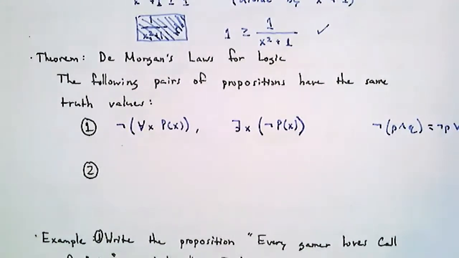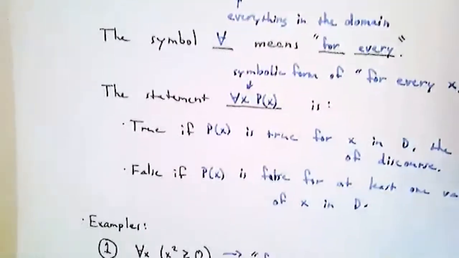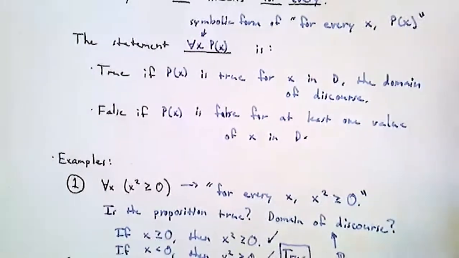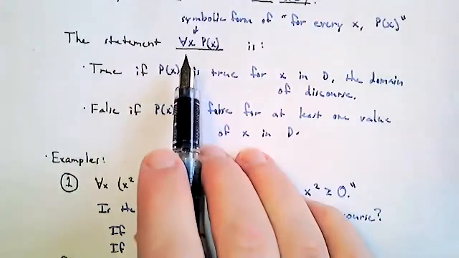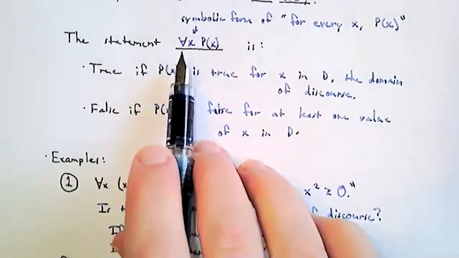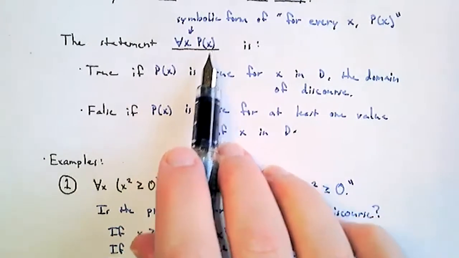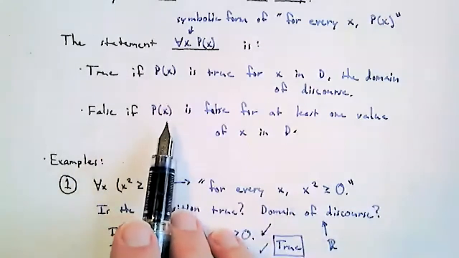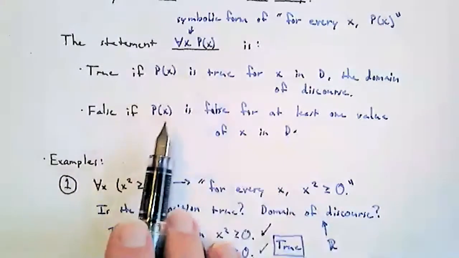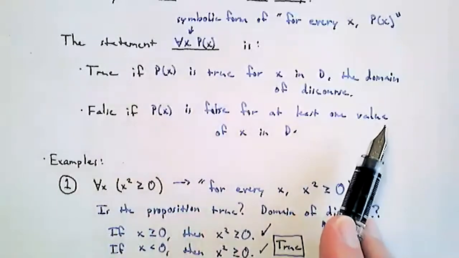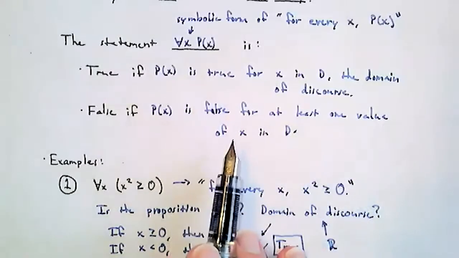Let's see. So going back a little bit earlier, we've already talked about what it means for this universal statement, for every x, to be false. We know that this is false if p of x is false for at least one value of x.